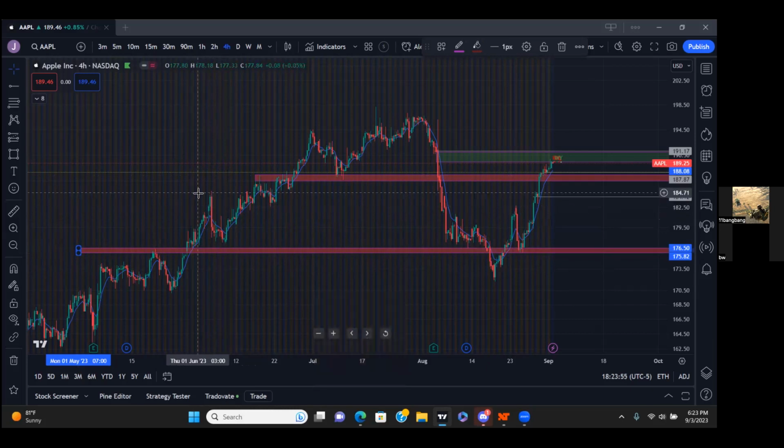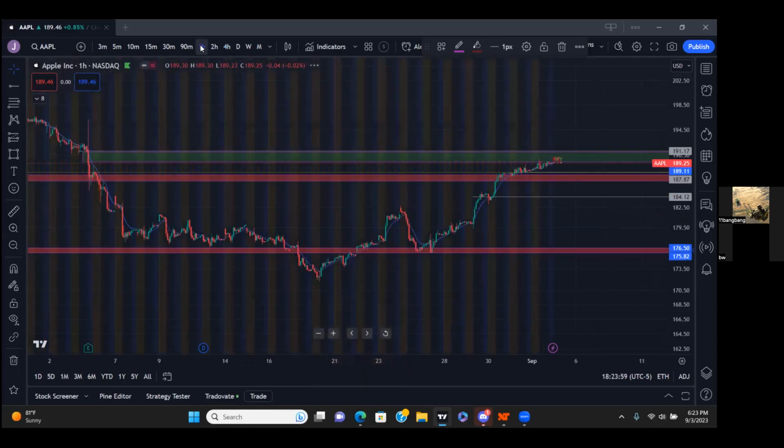Let's go to the hourly time frame again. And let's see if we can zoom into where we are now. Right there, that would have been better than this one. You could have both of them because they're like $7, $8 apart, right?